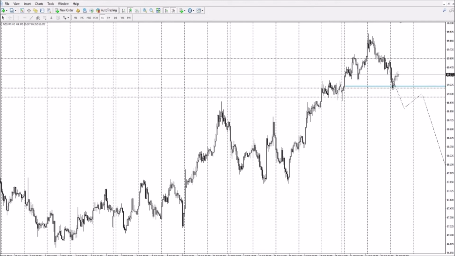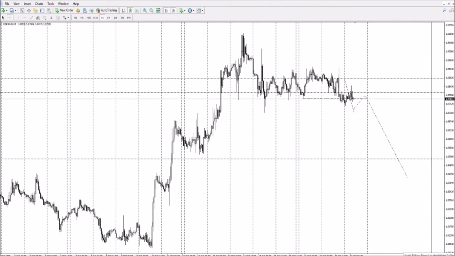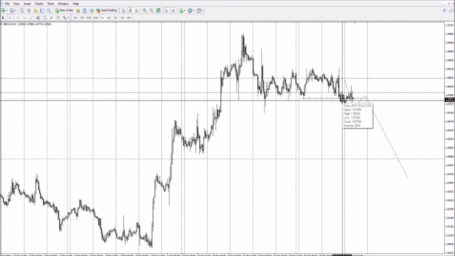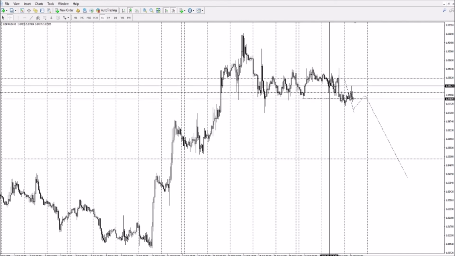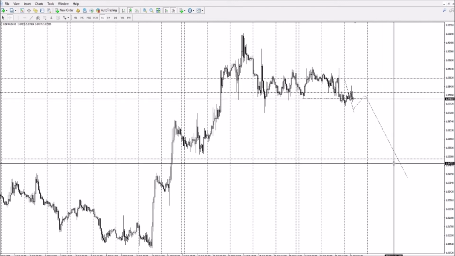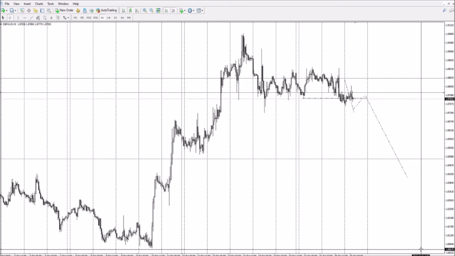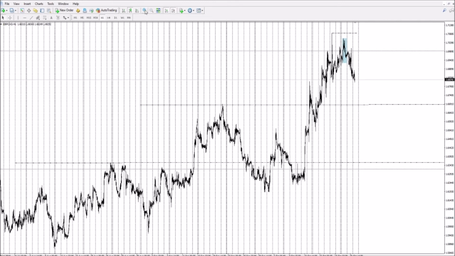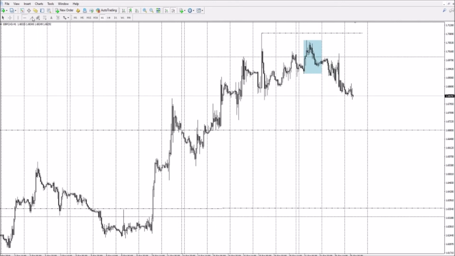The last few pairs were pound pairs. Pound Aussie has done nothing, it's just gone sideways. It's broke below Monday, it's come up, hit the midpoint, and sort of needs a little bit of movement here to get going. On the other hand, pound CAD has moved a little bit further.